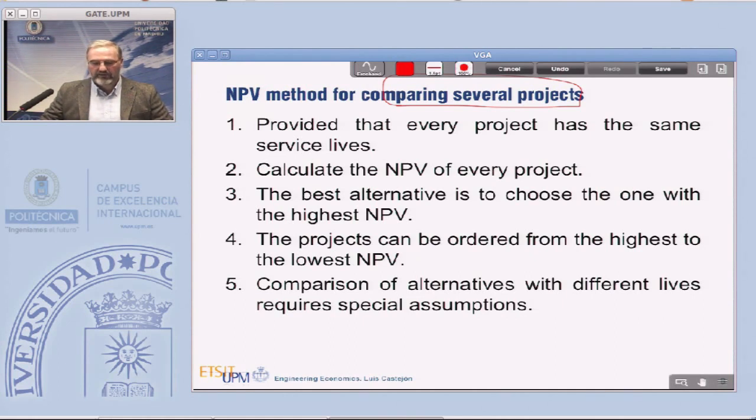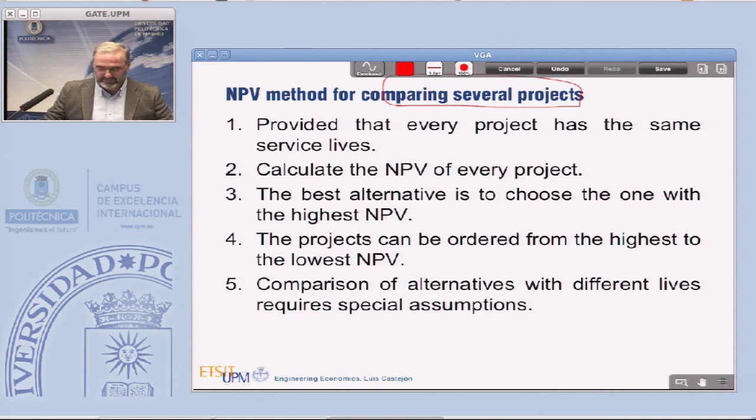So if we have several projects that have passed this first filter, now what we want is to order those projects in terms of their attractiveness.